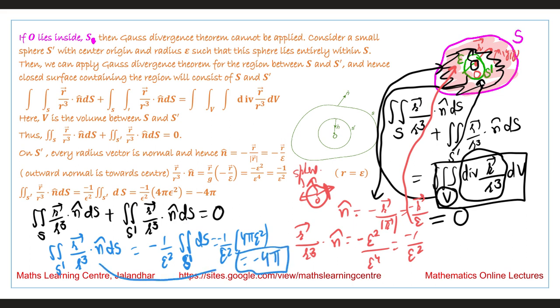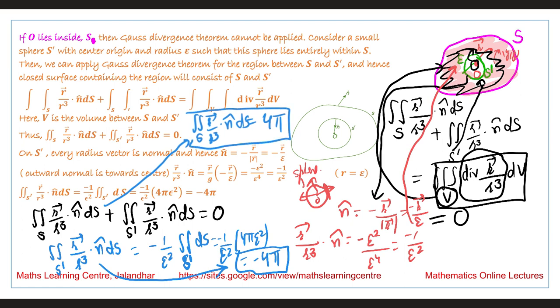So from this result, we obtain that the double integral over S of r vector over r cube dot n cap ds is equal to 4 pi. Hence whenever the point O lies inside this volume, the answer is 4 pi, and when it lies outside this volume, the answer is 0.